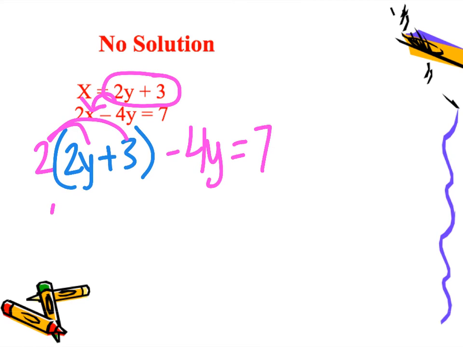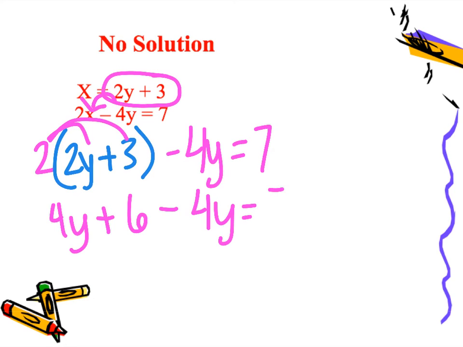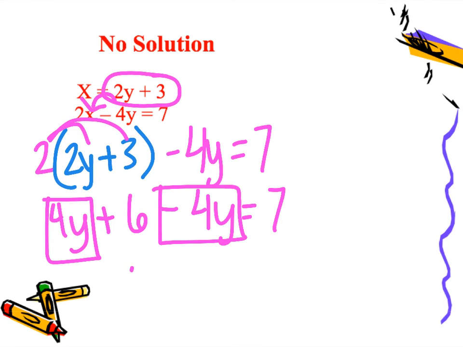Distribute my 2, so 4y plus 6 minus 4y equals 7. Combine like terms, that reduces to 0, so I get 6 equals 7, which is a false statement, and we don't have to substitute back in because we already know there's no solution.